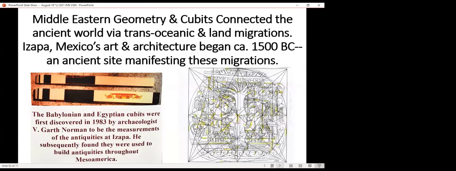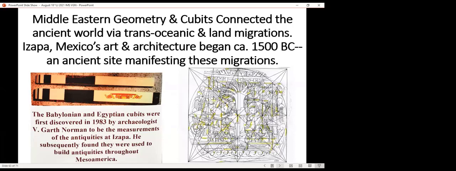Middle Eastern geometry and cubit connections. The ancient world by transoceanic and land migrations from Mesoamerica, Mexico, art and architecture from 1500 BC. The ancient site manifests these migrations. Babylonian and Egyptian cubits.